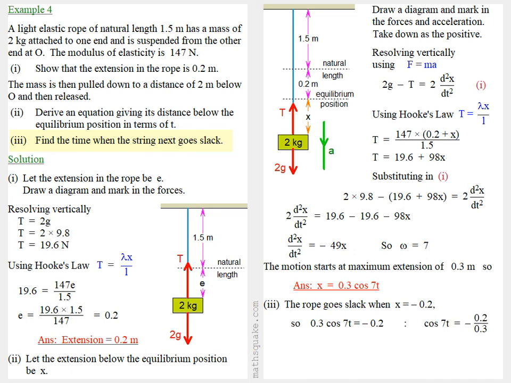So cos 7t is equal to minus 0.2 over 0.3, or 7t is equal to the inverse cosine of minus 2/3. That tells us t is equal to 1/7 times the inverse cosine of minus 2/3, and that works out to be 0.3286. And so the rope goes slack after 0.33 seconds.